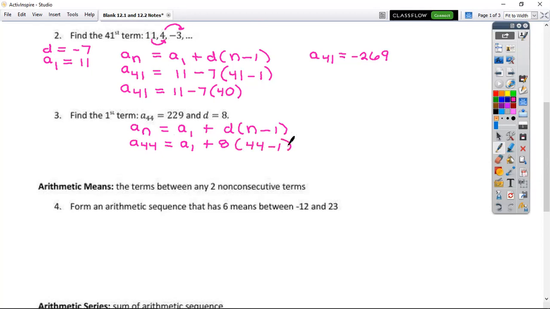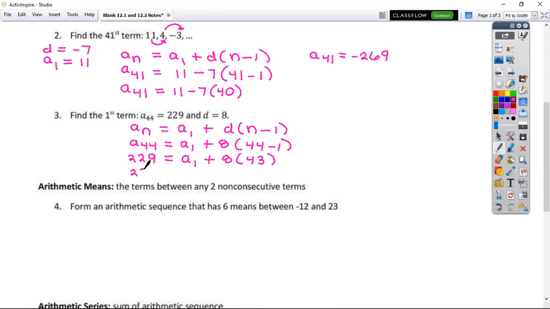And now all I'm going to do is replace this side with 229. And this is equal to a sub 1 plus 8 times 43. And what is 8 times 43? 8 times 43 equal to, yep, thank you, 344.